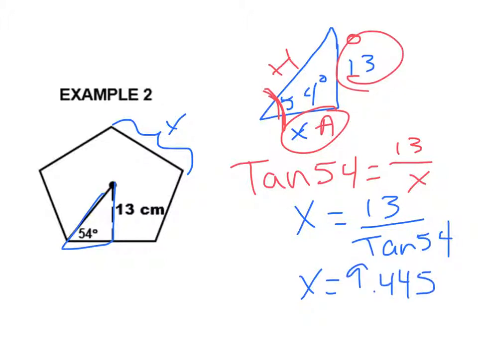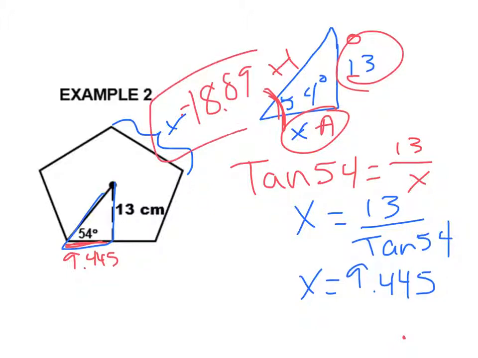But that's just this little segment right here. We need to know the whole side. Again, if you remember the characteristics of polygons and of the apothem, it is bisecting the side. And so if we just multiply by 2, we get the whole side length. That's 18.89. So our side length is 18.89.